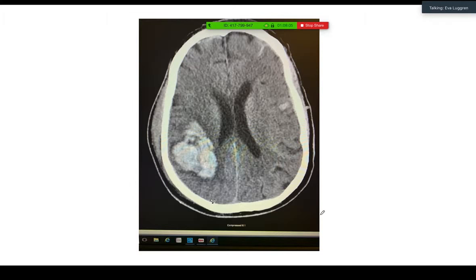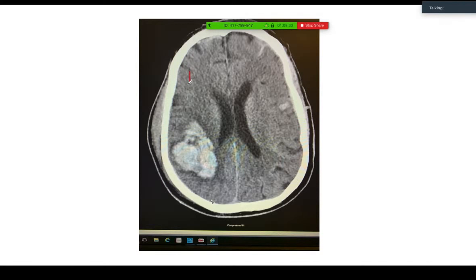I see that the borders, it's not circular. It's not circumscribed, right? Good. So what side of the brain, explain it to me like I'm 5 years old, what do you see here? That must be the right side.